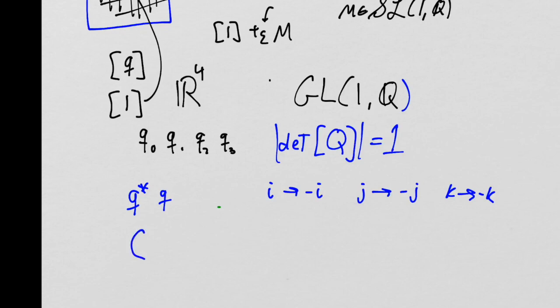So for an infinitesimally small quaternion, 1 plus, say, delta Q, its modulus is the conjugate, 1 minus, not minus, 1 plus delta Q, times 1 plus delta Q, right? What is that going to equal?